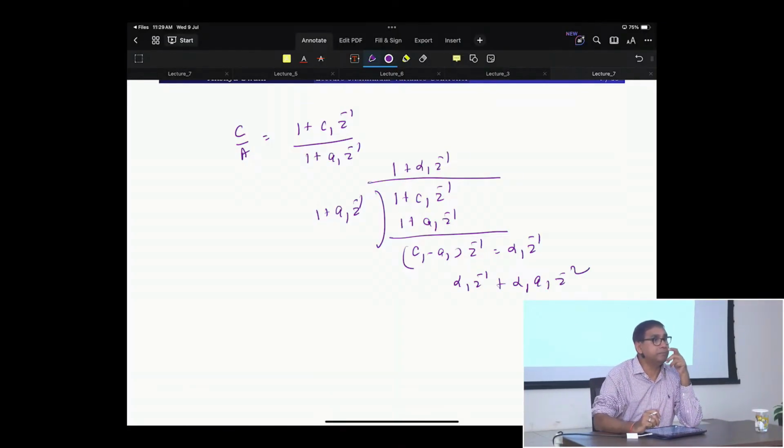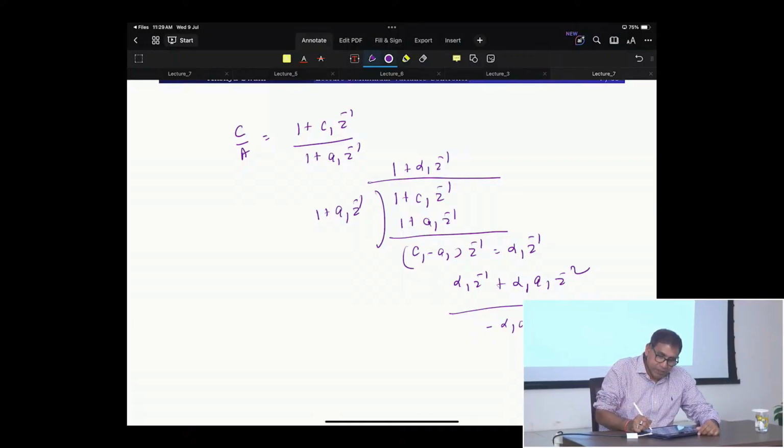Yes or no? Right? So if you again subtract, then you will get minus alpha 1 a1 z to the power minus 2. Right? Let us assume this is equal to alpha 2 z to the power minus 2. Right? Then you put it alpha 2 z to the power minus 2.